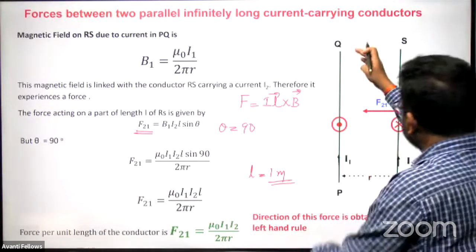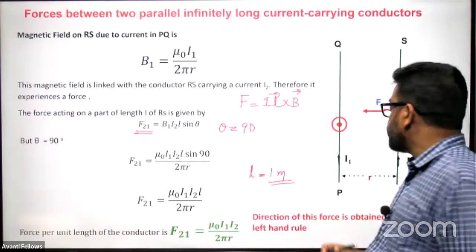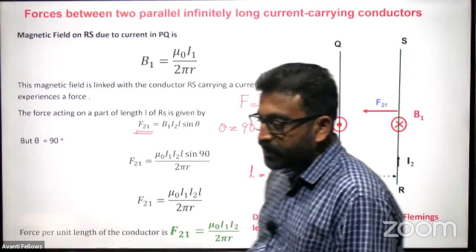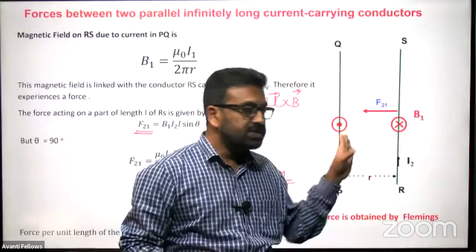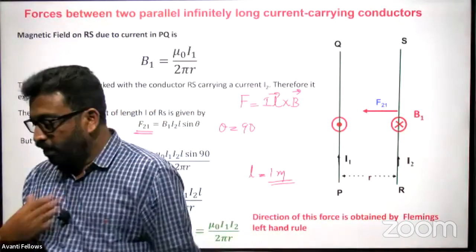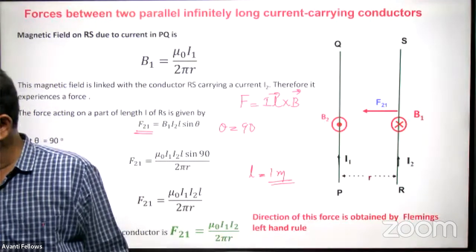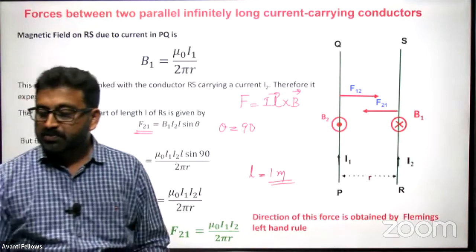That means if two current carrying conductors are kept parallel to each other, and carry currents in the same direction, then the second conductor will experience a force towards left. What about the first conductor?